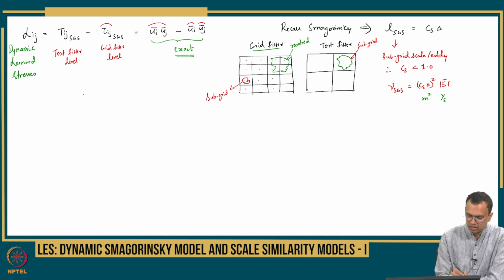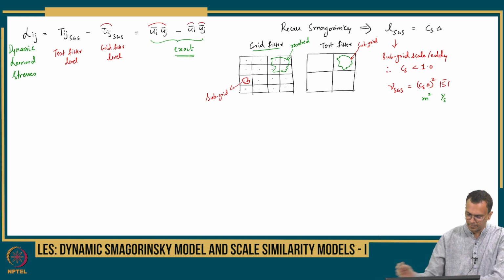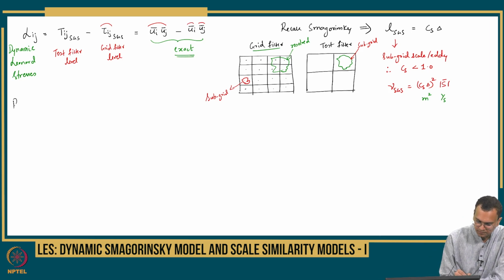So the objective now is to find out CS dynamically. For that, what we do is first we use the Smagorinsky idea also for the test filter level. Okay. So now recall the tau ij SGS model.